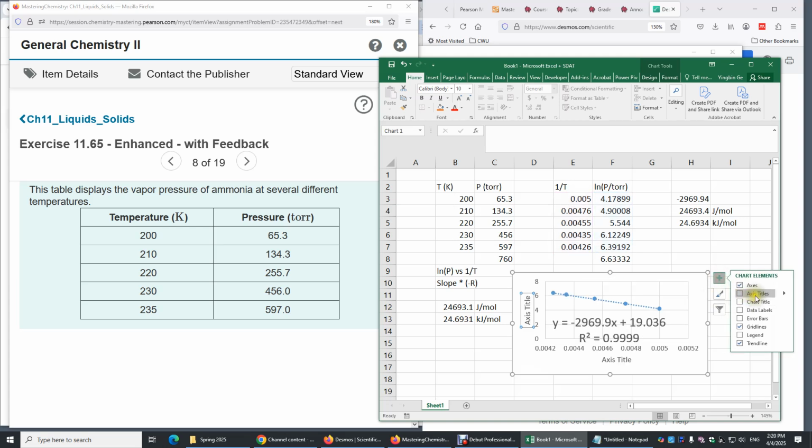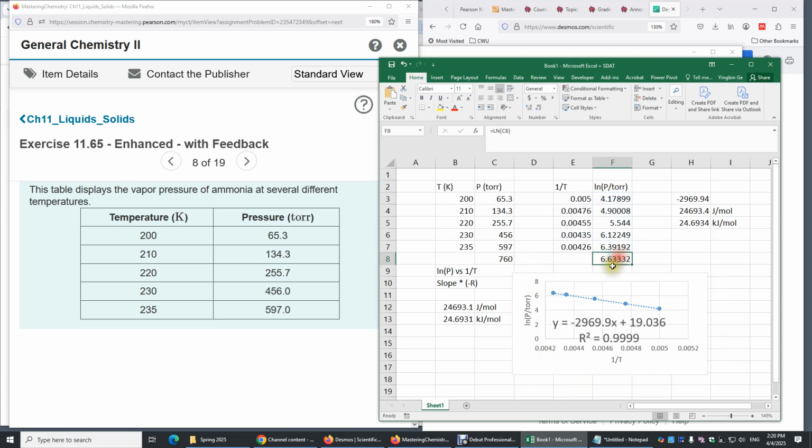Let's add some title here. So this is logarithm of P over torr. And this is 1 over temperature. Okay, so when the Y value is this, we just solve for X, and this X is 1 over the normal boiling point. That's it.